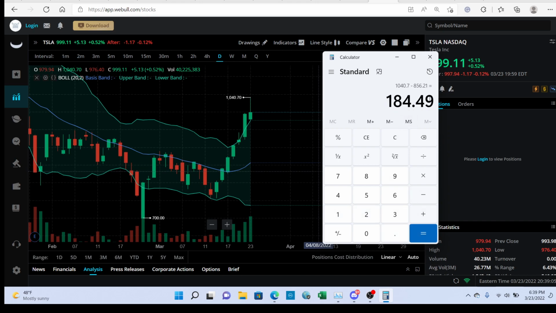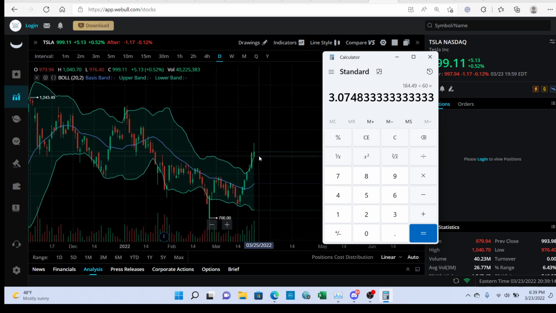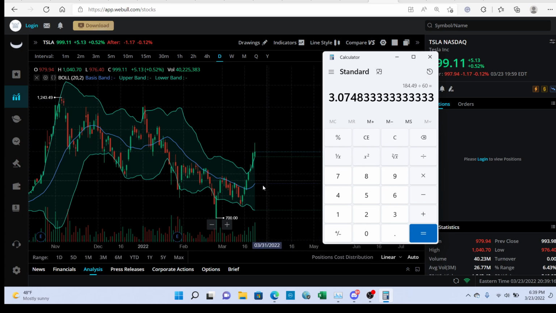That's 184.49. And then we can divide this by 60. So here we see that we're about 3 standard deviations away from the 20-day moving average.